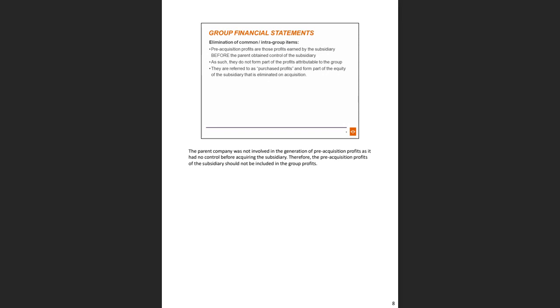Because the parent company was not involved in generating the pre-acquisition profits, it didn't have control before it acquired the subsidiary. Therefore, the pre-acquisition profits should not be included in the group profits. The pre-acquisition profits will be eliminated and will not be included in the group profits.